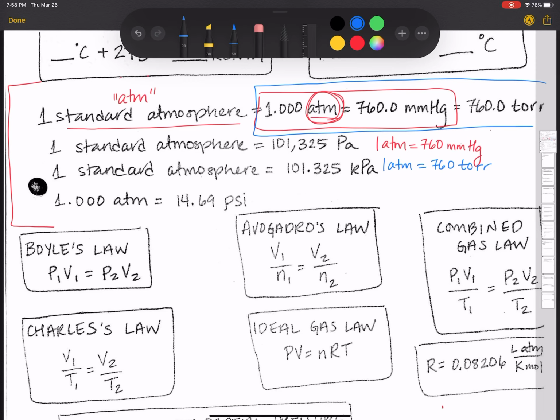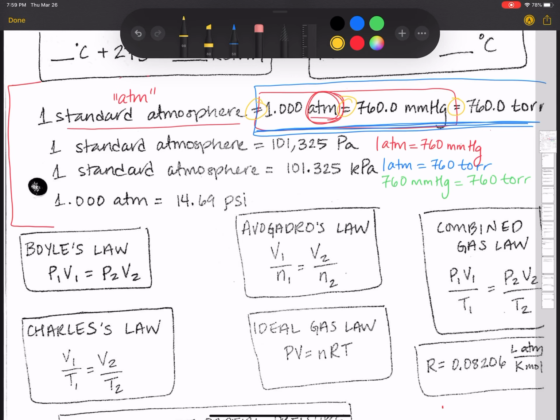And because you have all three of these in one long equivalency statement, that also means that 760 millimeters mercury is equal to 760 torr. So if there's an equal sign anywhere between any conversion factors, it means that you can just move them around to use them however you need to.